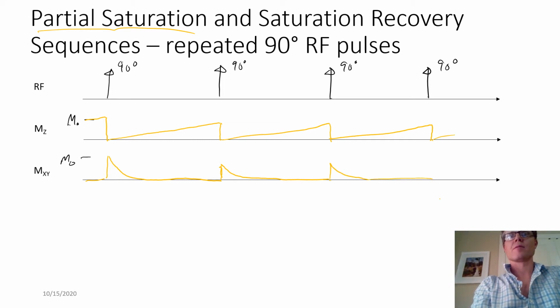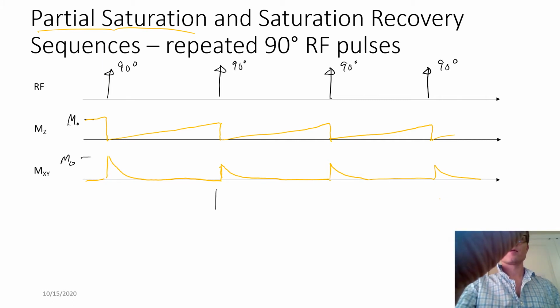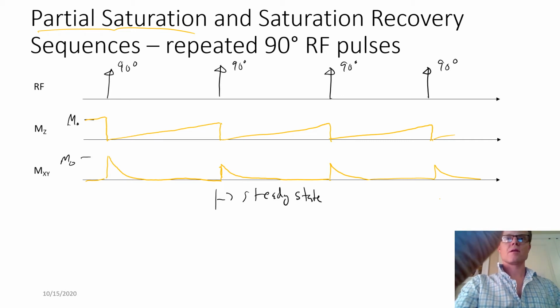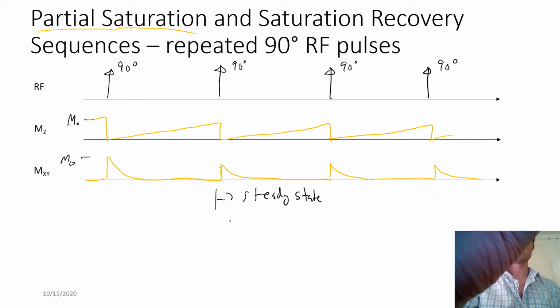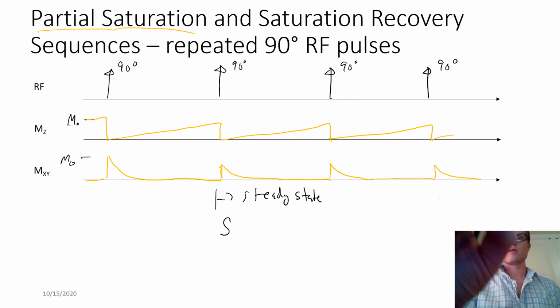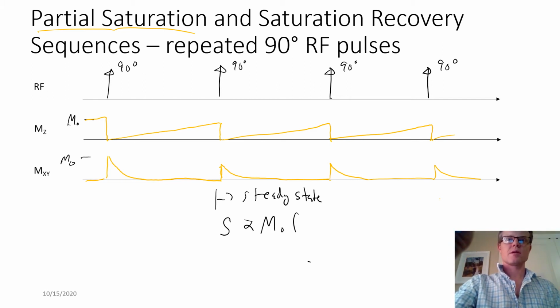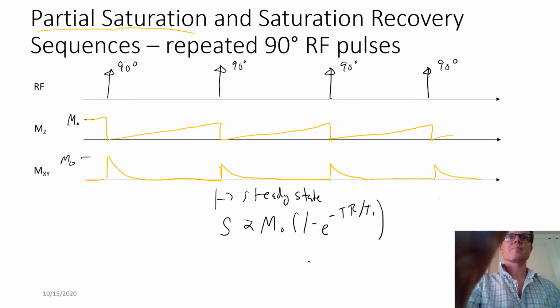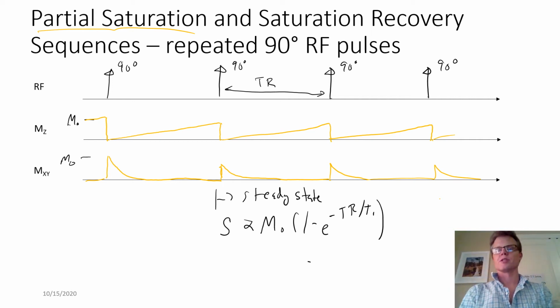And this continues in the steady state like this. And we know that once we're in this steady state here, our signal is going to be proportional to M0 times 1 minus e to the minus TR over T1, where TR is our separation of our RF pulses.